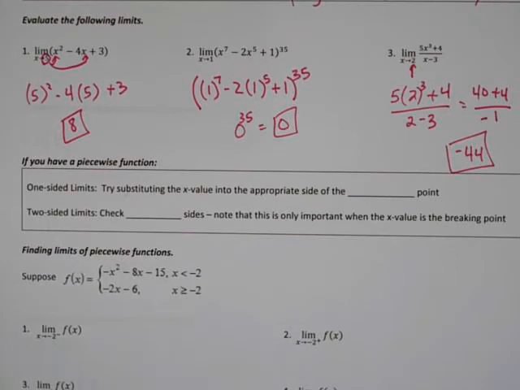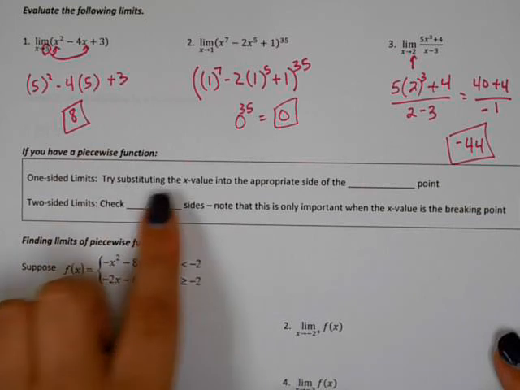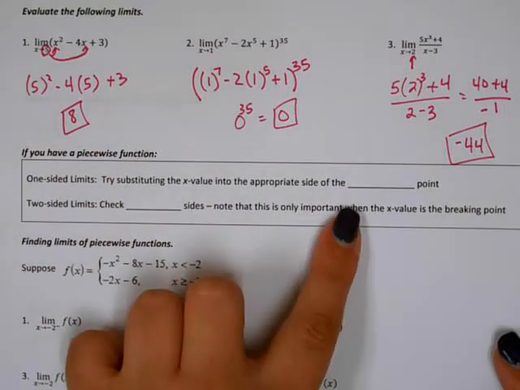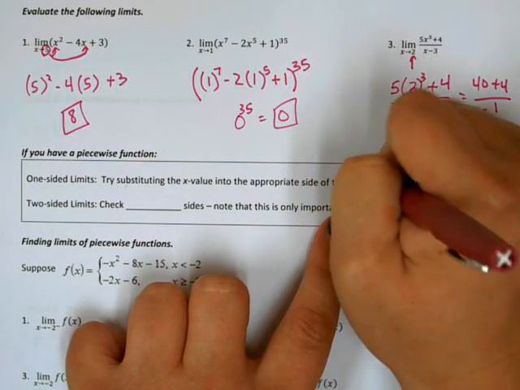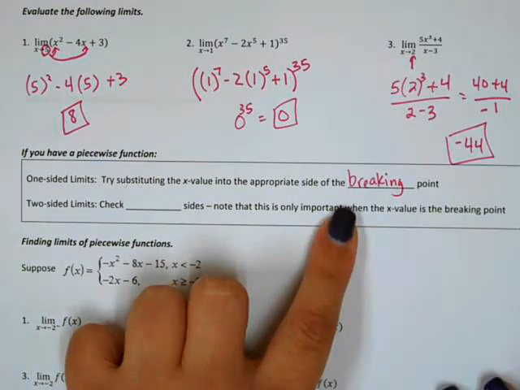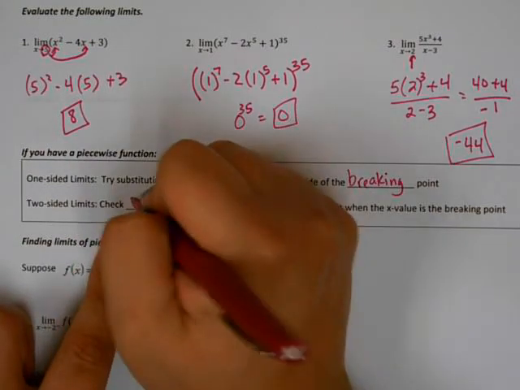For example, with piecewise functions we have a little bit of a difference. For one-sided limits, all you're going to do is try substituting the x value into the appropriate side of the breaking point. For two-sided limits, you're going to have to check both sides.